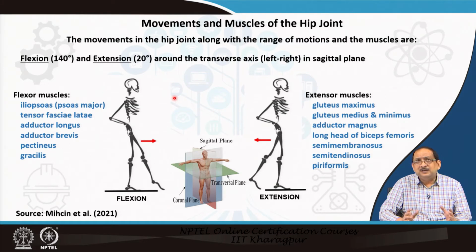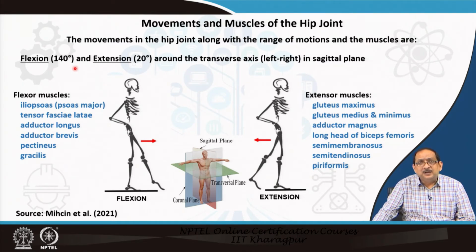Flexion and extension are one such pair of movements. The maximum angle of flexion is 140 degrees and the maximum angle for extension is relatively less, that is 20 degrees, around the transverse axis in the sagittal plane.